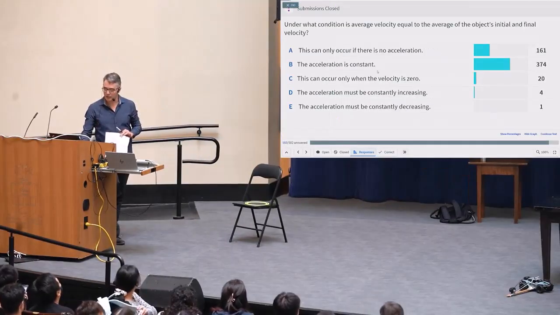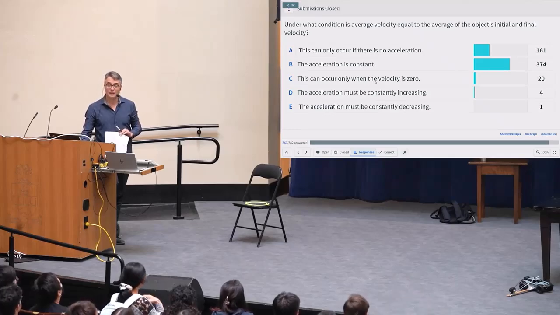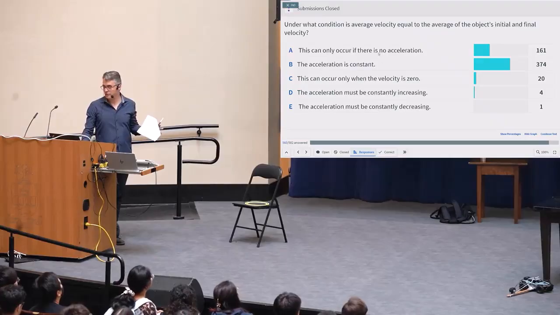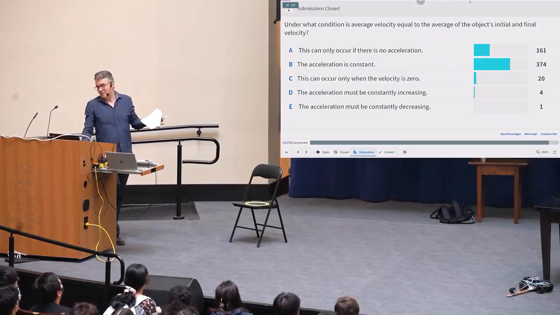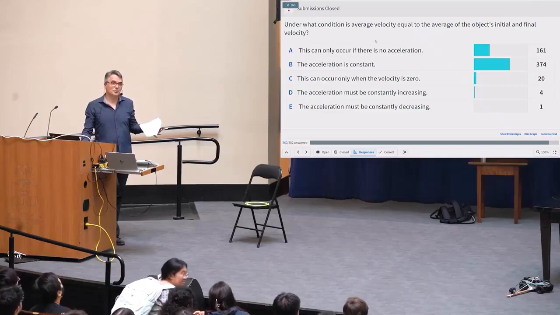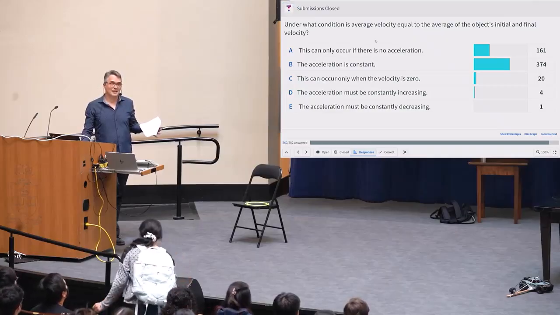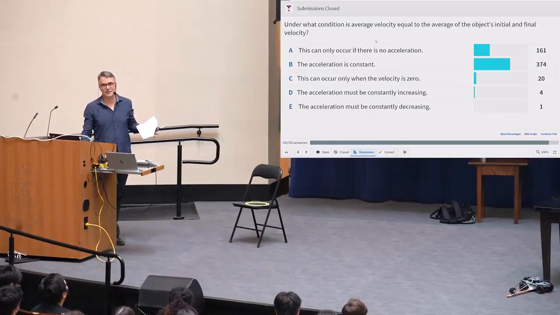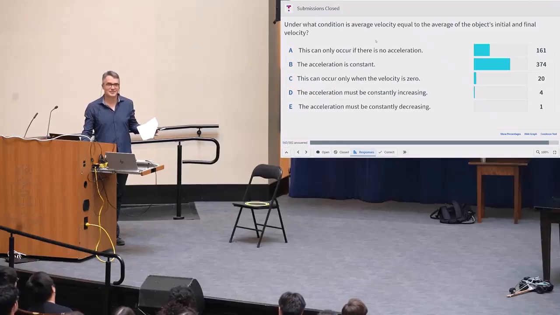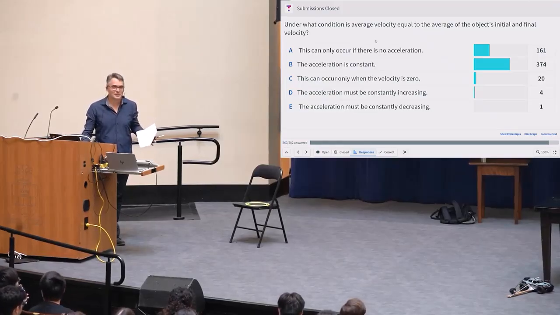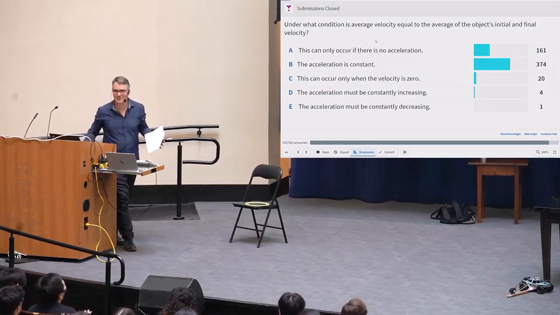If you answered A or C, your answer is, in a sense, correct. It is true that if there's no acceleration, then the object's initial and final velocity are the same, and if you add them up and divide by 2, you get the same thing. If it was 5 in the beginning and 5 at the end, 5 plus 5 is 10, divided by 2 equals 5. 3 plus 3 over 2 is 3.